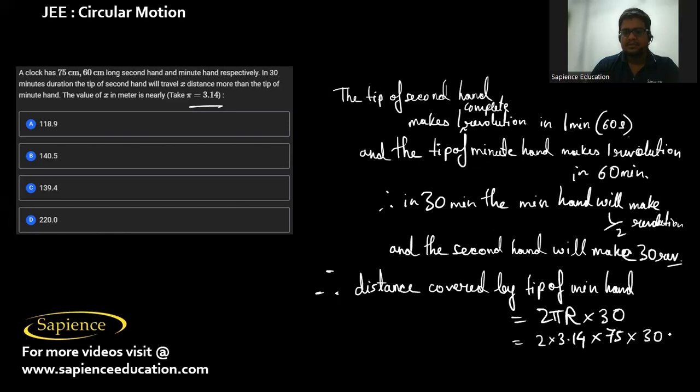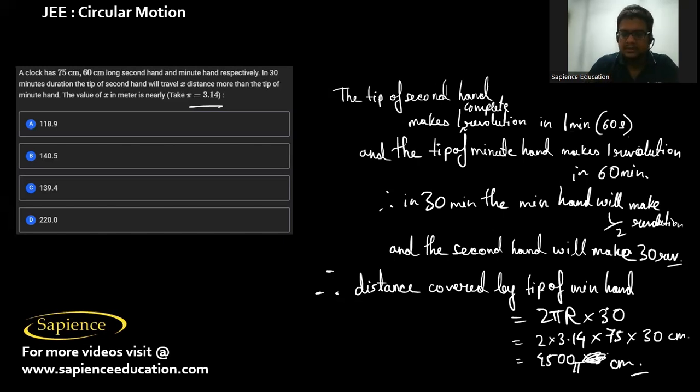So 75 into 2 is 150, 150 into 30 is 4500, so 4500 pi centimeter it will cover.